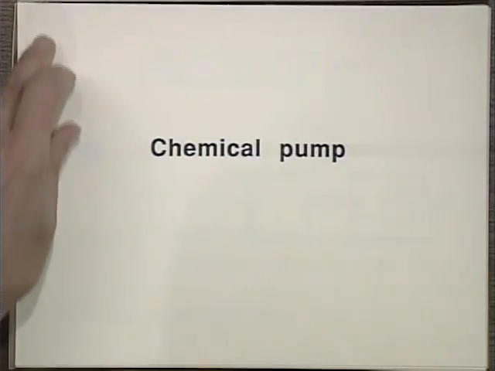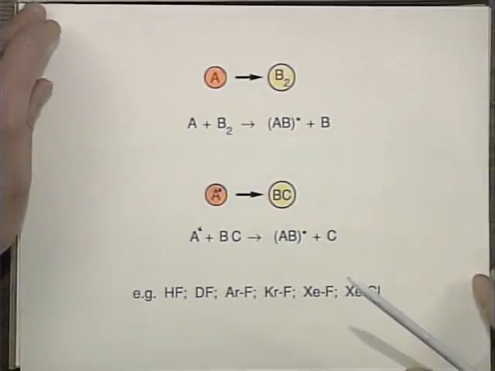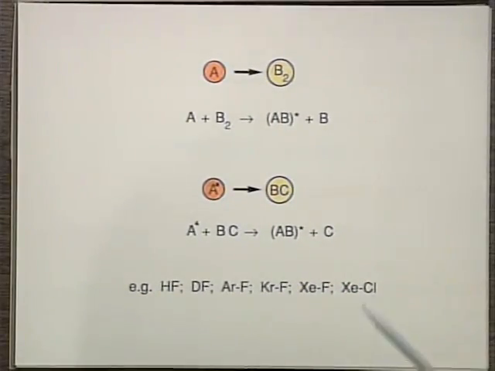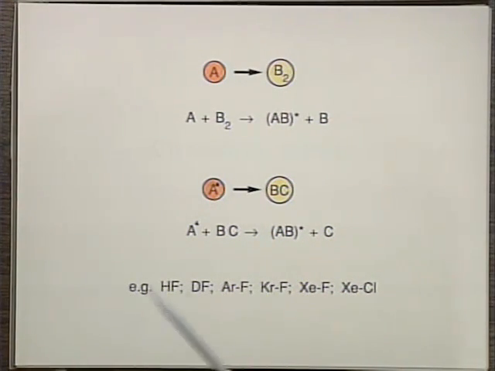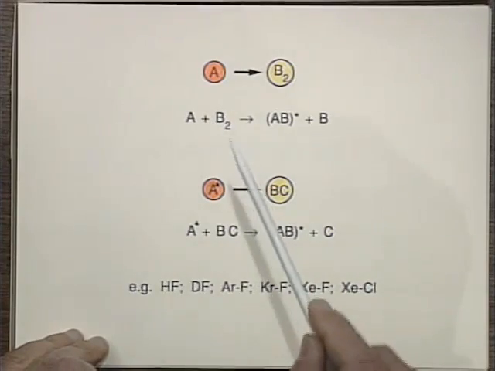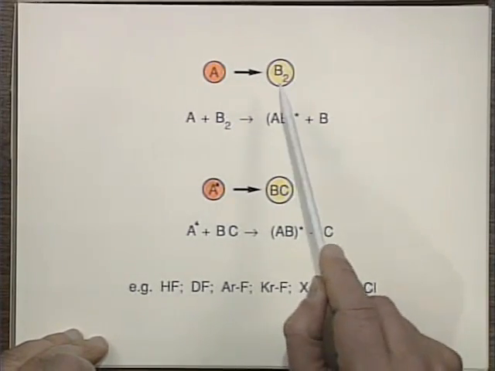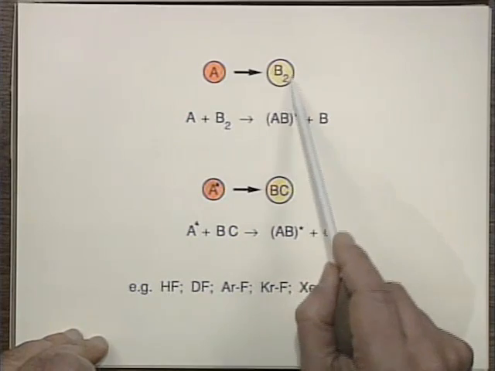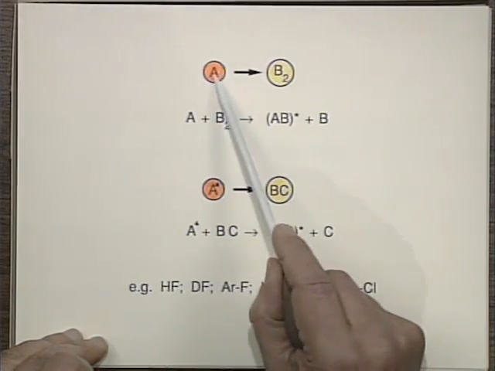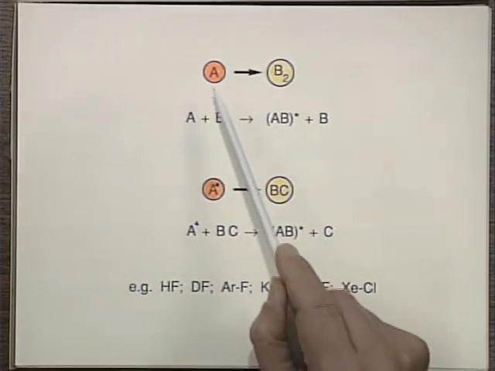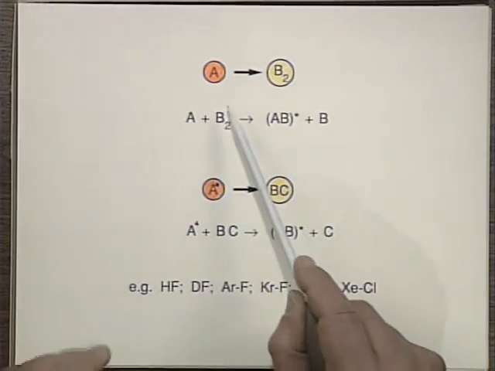Now we're getting into a lot of tricky treatments here, but I just want to be very brief, as you can see in this kind of course, without any real math and detailed explanations. A chemical pump is when, let's say, we have a molecule B2, and we interact it, chemically or otherwise, with, let's say, atom A. Could be A excited or A energetic.